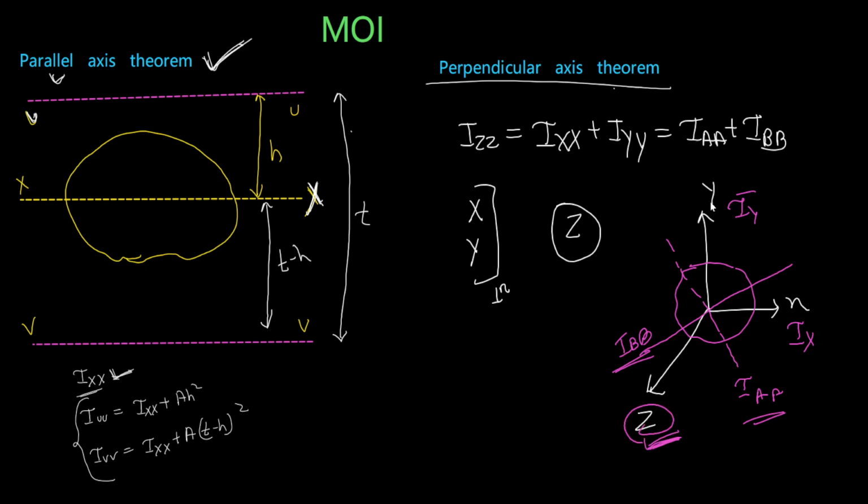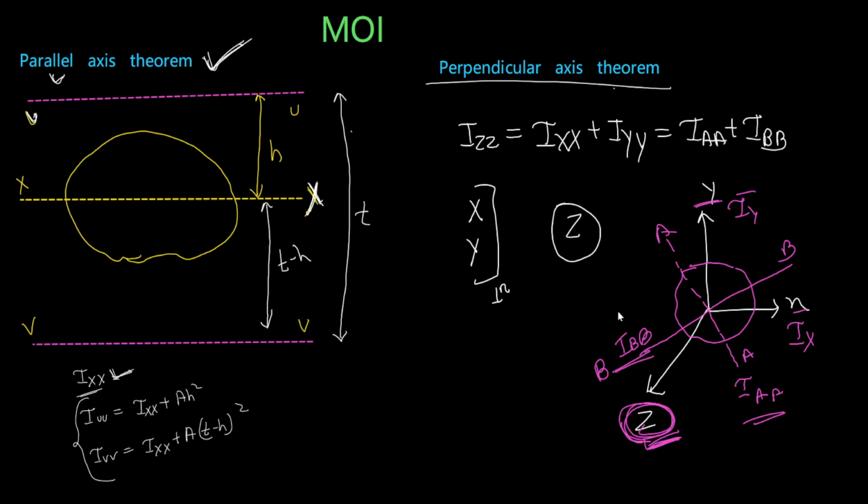See, the x axis and y axis are on the plane figure. The aa and bb axes are also in the plane figure, but z is perpendicular. This axis perpendicular to the plane is called polar.